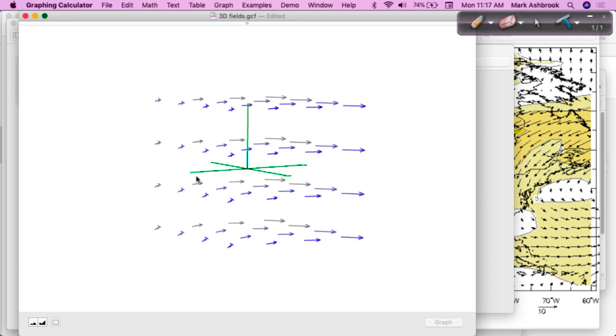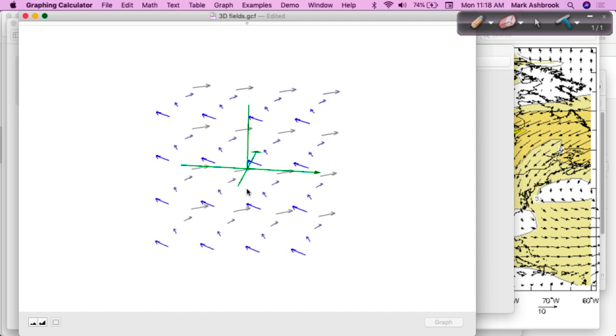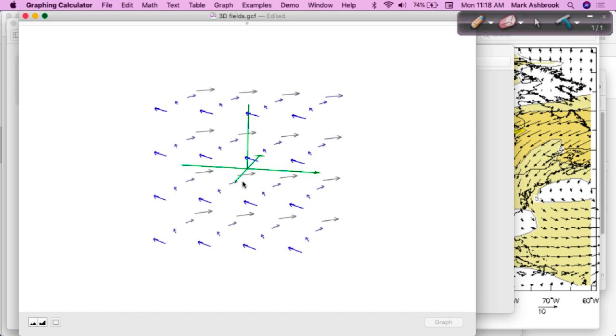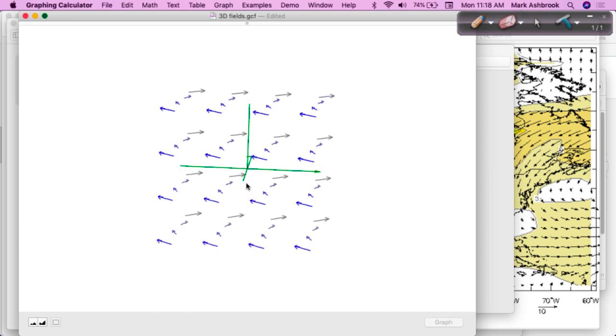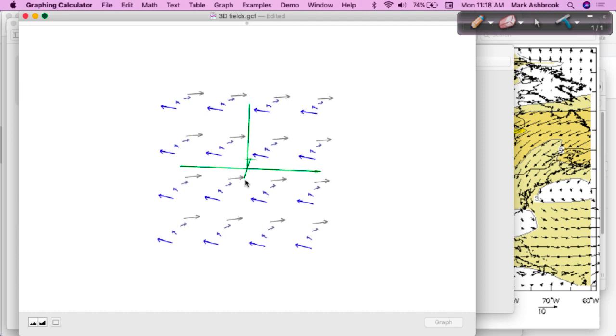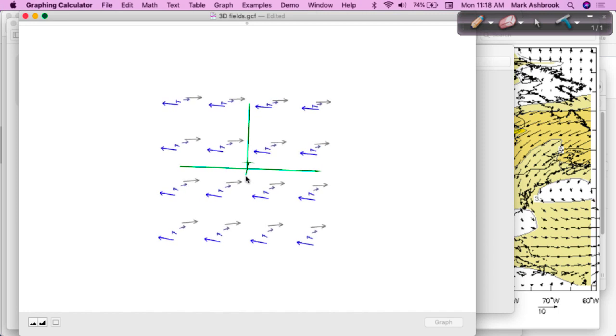So this is looking, X is to the right now and Z is up. X is to the right and Z is up and Y is into the screen.